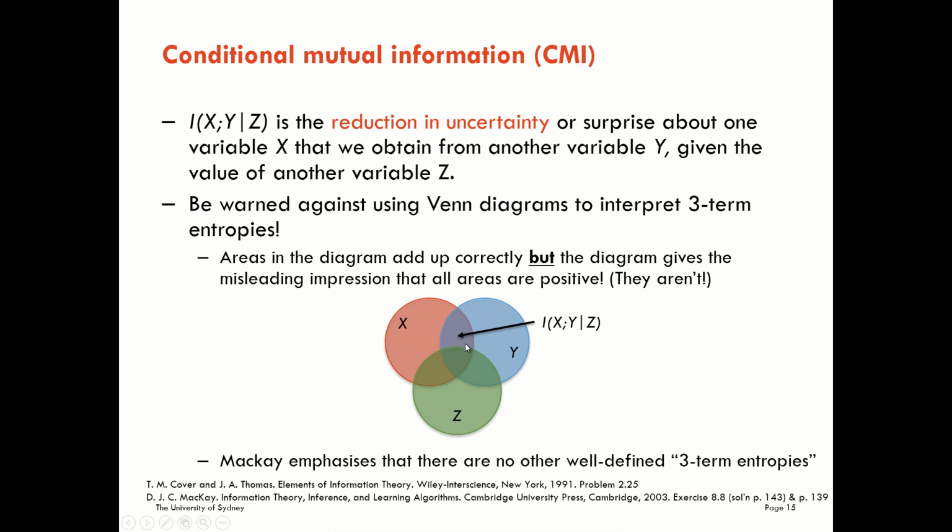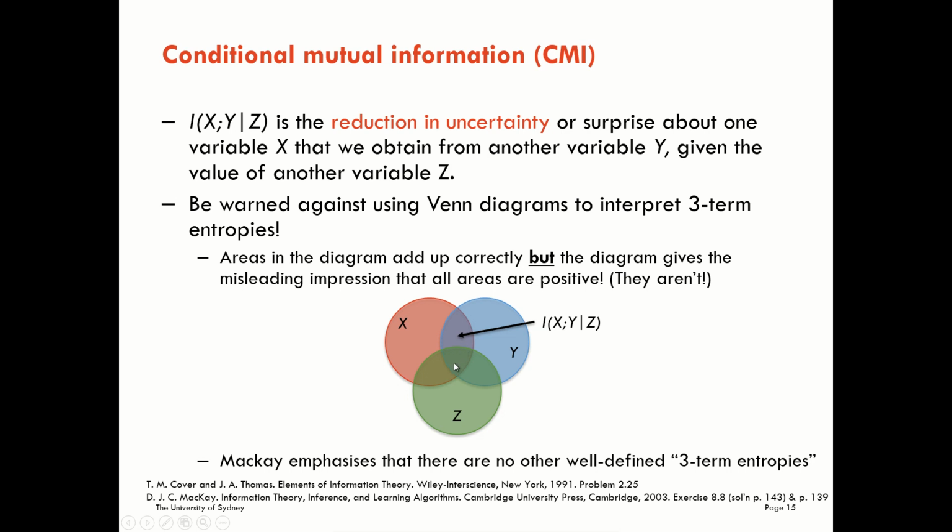The warning comes in because the diagram gives the misleading impression that all the areas on the diagram are positive, and they aren't necessarily always positive. In particular, the very middle piece here is not necessarily positive. Okay? That's a really important thing to note, that this last little piece here is equal to the mutual information between x and y minus this conditional mutual information between x and y given z.